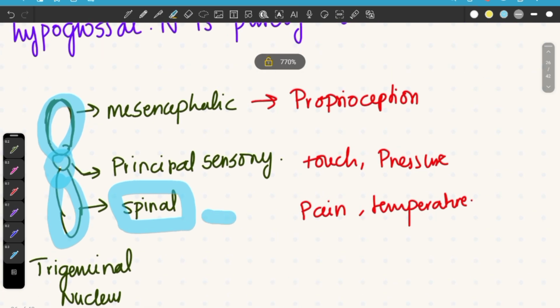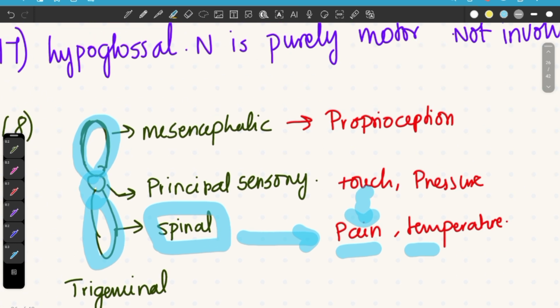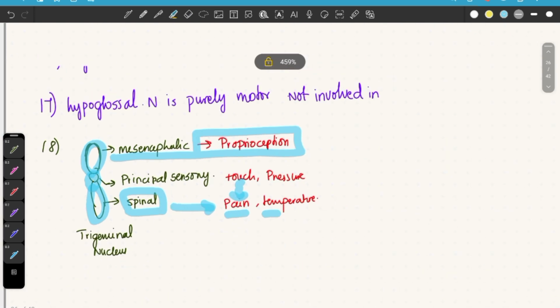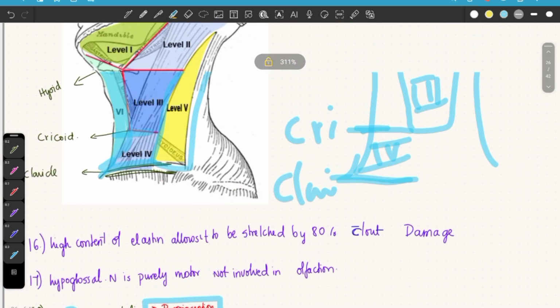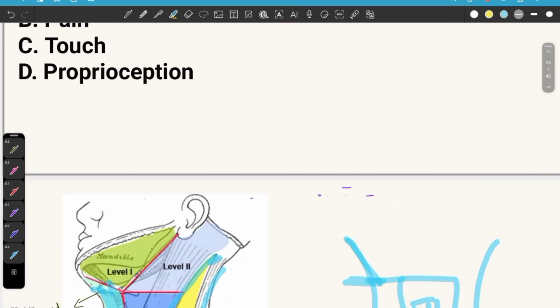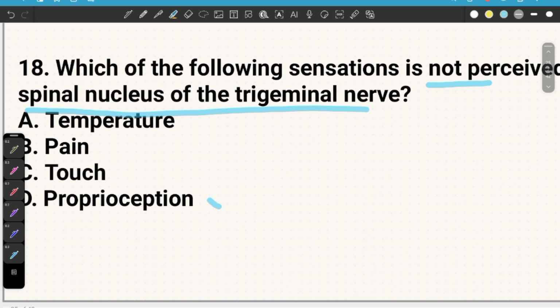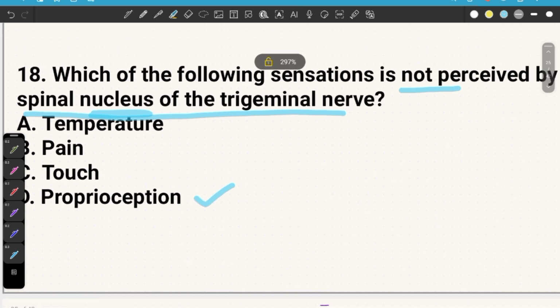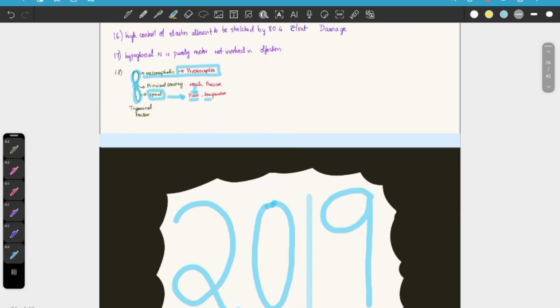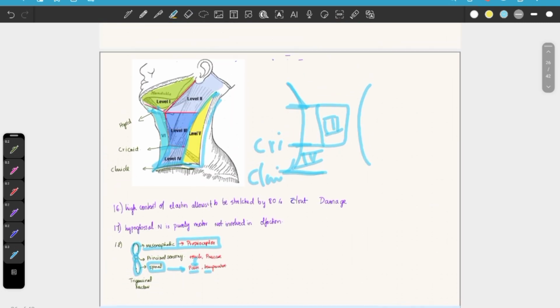Actually, the spinal nucleus has pain, temperature, and to some extent touch also, whereas mesencephalic is only for proprioception. So spinal will not have proprioception for 100% sure. So done with the 2018 paper.